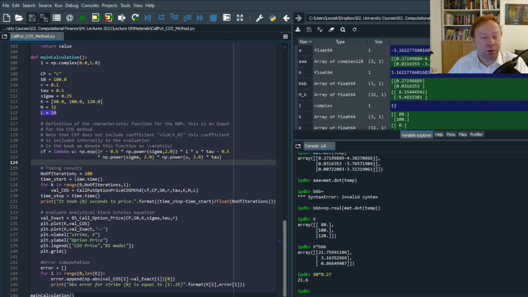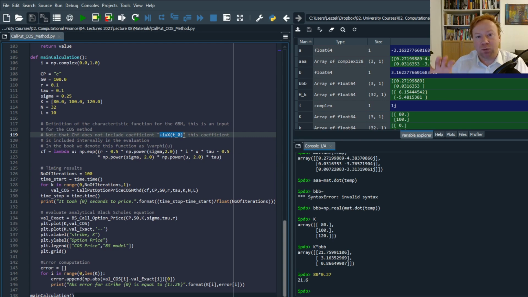Here's a generic function. You can see it's a lambda expression where we define the characteristic function. At this point, we have just the Black-Scholes characteristic function, or for the log of Black-Scholes. And keep in mind that we have excluded this coefficient iux0. This is something that I already mentioned before.